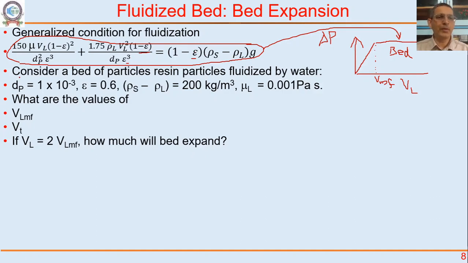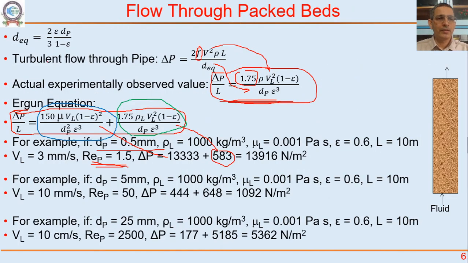Okay, so this is an example. Consider a bed of resin particles fluidized by water. Let's say dP is 1 into 10 raised to minus 3 meter, so 1 millimeter. Voidage is 0.6. Rho S minus rho L is say 200. Mu L is 0.001. By the way, this should be mu L, the viscosity of the liquid.